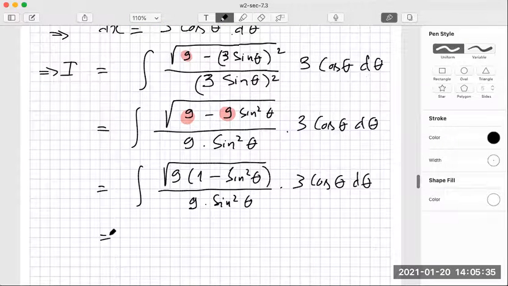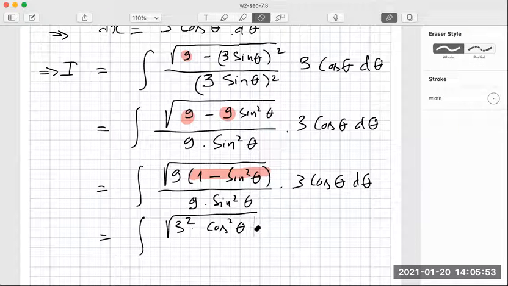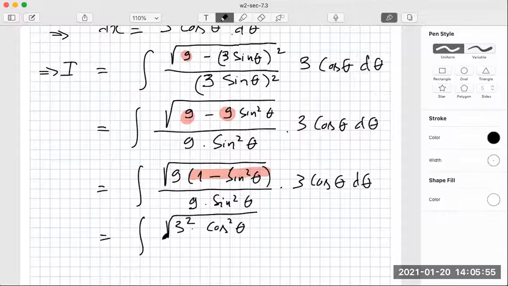So, very good. Thank you. So 1 minus sine square here, we can write it as cosine square theta, right? And 9, let us write it as 3 square.